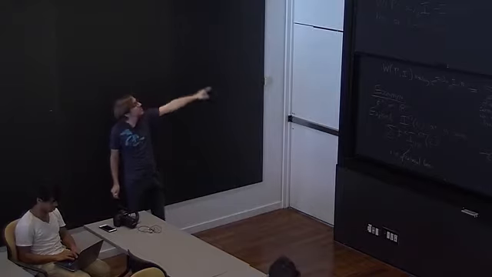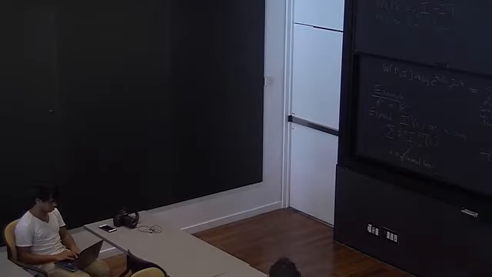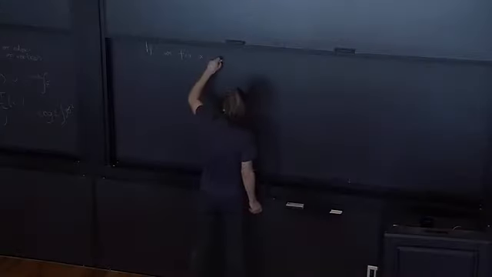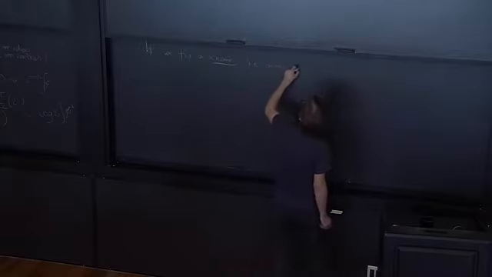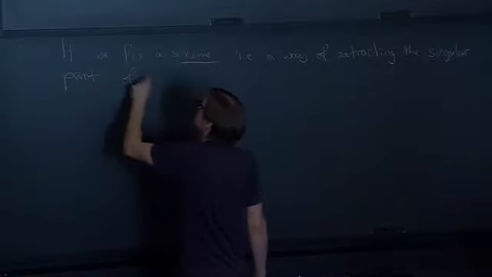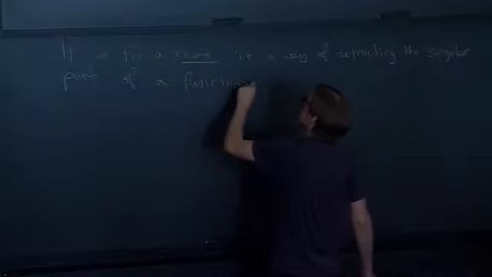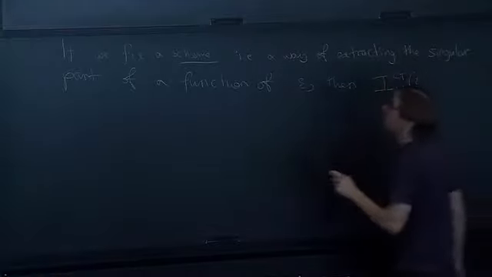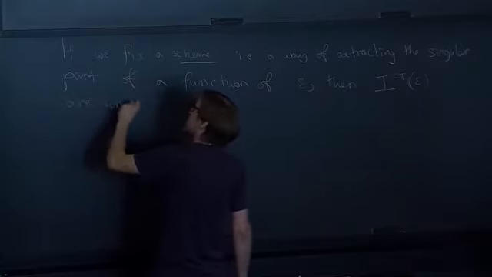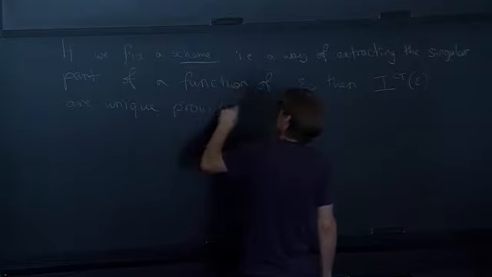Another important part of what we showed last time was that if we fix a scheme, by which we mean a way of extracting the singular part of a function of epsilon, then the counterterms are unique, provided they're purely singular.